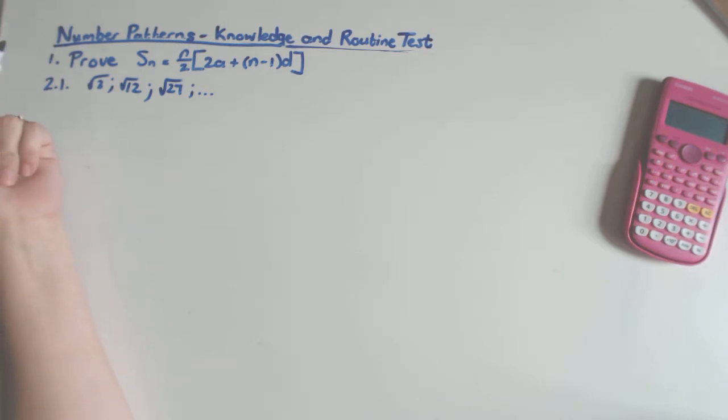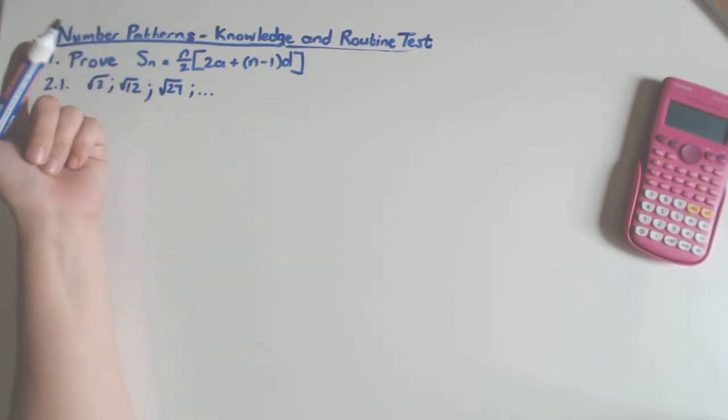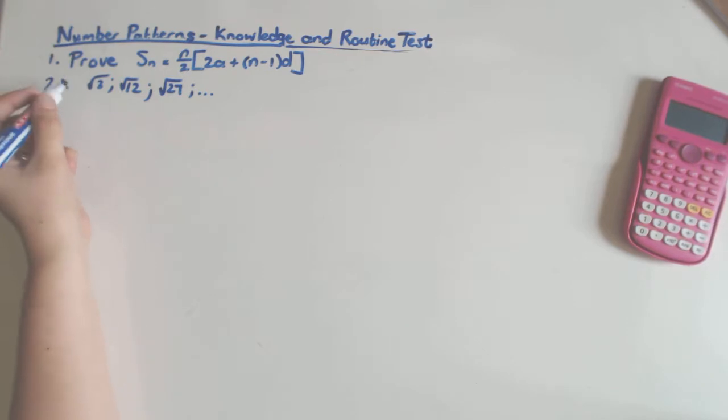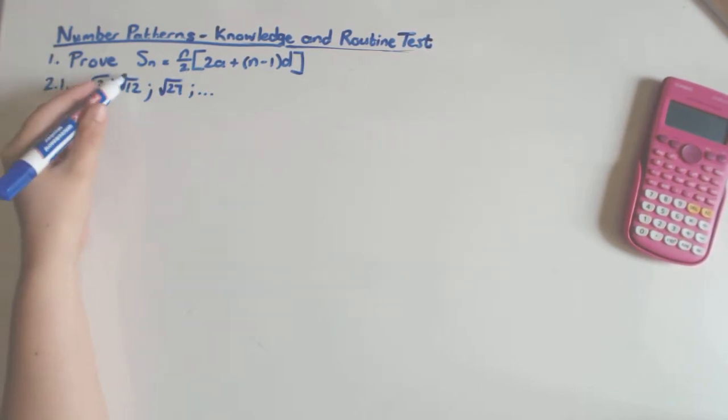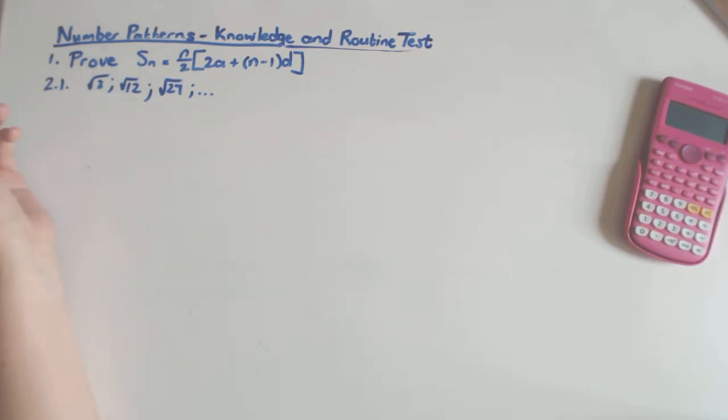Okay, so I must first state if it's geometric or arithmetic, and then if it's arithmetic, I will state the common difference, and if it's geometric, I will state the common ratio. Now it's a bit difficult to see if root 12 minus root 3 and root 27 minus root 12 is going to give me something significant, and even if I divide them also.